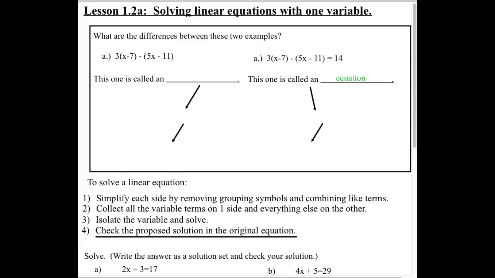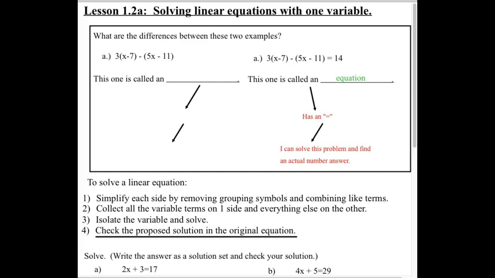We're making it too hard, right? If there's an equal sign, it's an equation. Can we solve it? Could we get a value for x? Yes. So an equation, we can solve the problem, we can find the value for x.